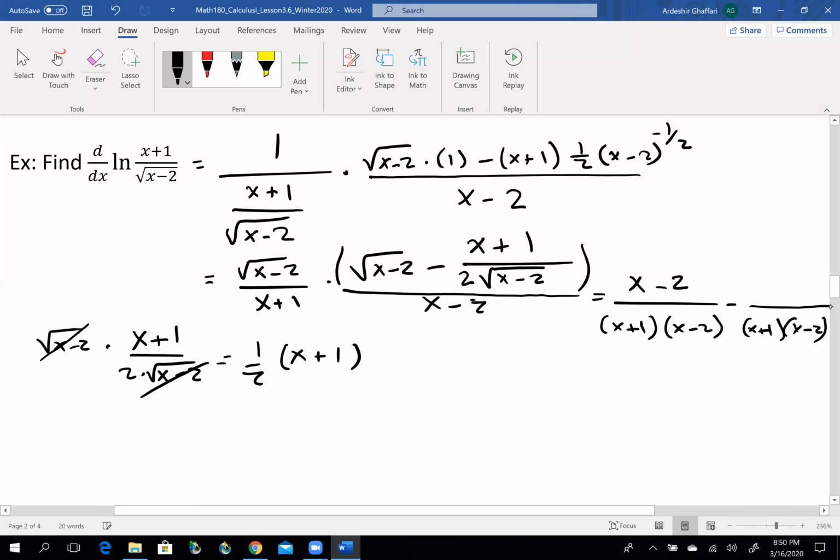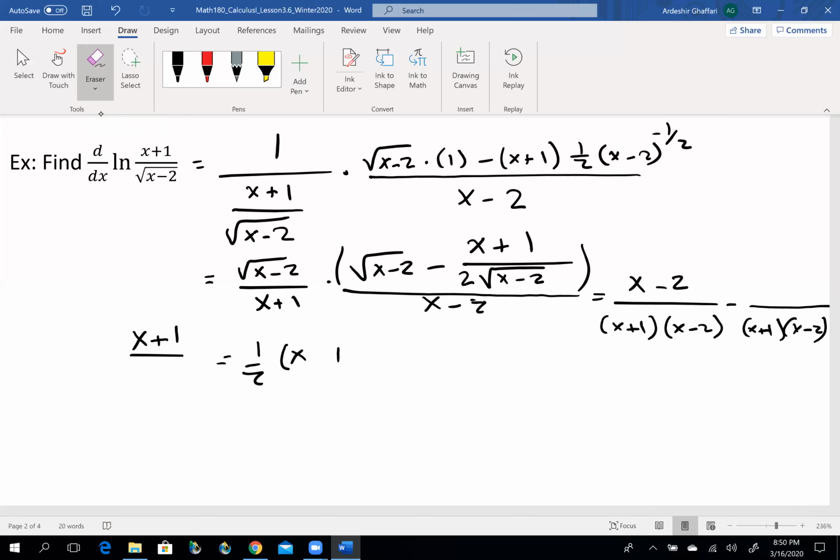So it's going to be 1/2 times x plus 1, okay? So now I'm going to combine it.